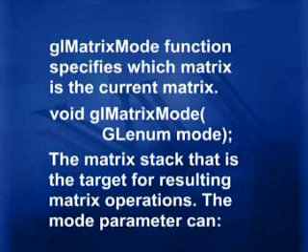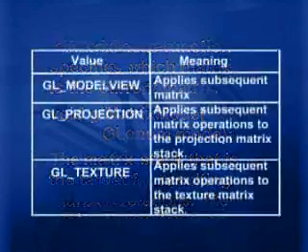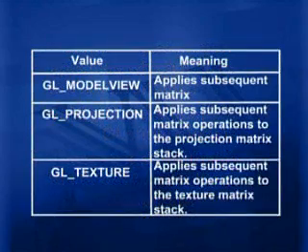The mode parameter can have different values, and these include those appearing on your screens right now: GL_MODELVIEW, GL_PROJECTION, and GL_TEXTURE. GL_MODELVIEW applies subsequent matrix operations to the modelview matrix stack, so when you specify the next matrix to be made current, you make use of GL_MODELVIEW. GL_PROJECTION applies subsequent matrix operations to the projection matrix stack.